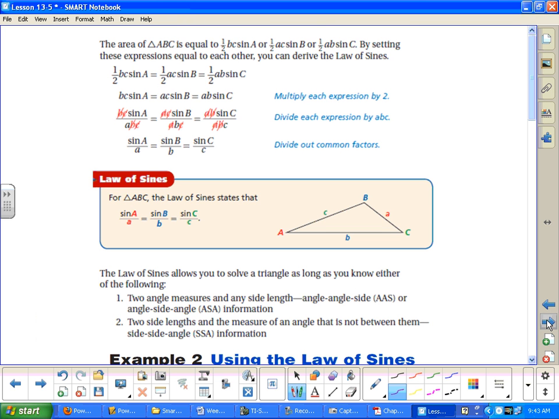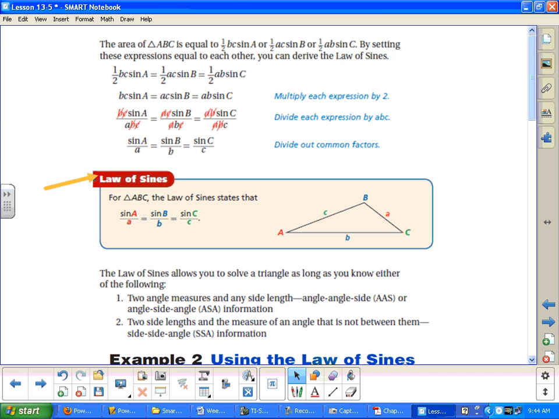Now, the law of sines is used to solve non-right triangles. In other words, find the missing parts. And if we take the area of those 3 different formulas, then we can actually use those to come up with a formula that allows us to solve the triangle.